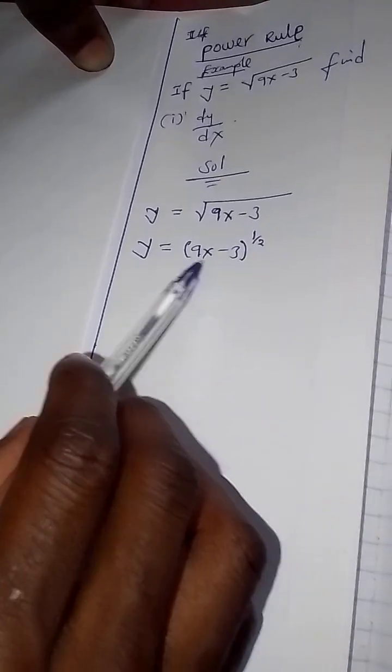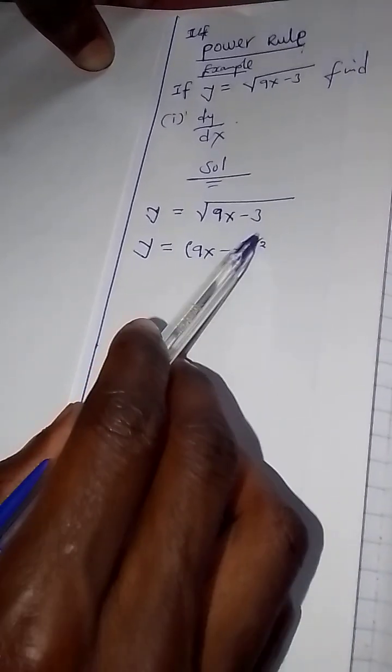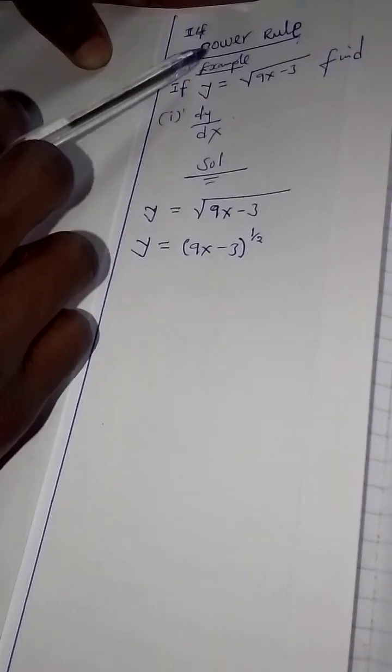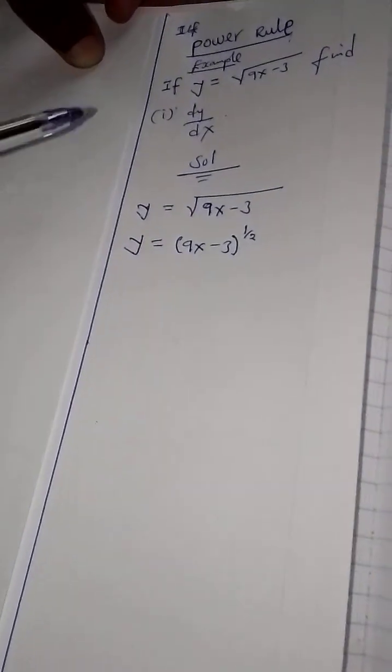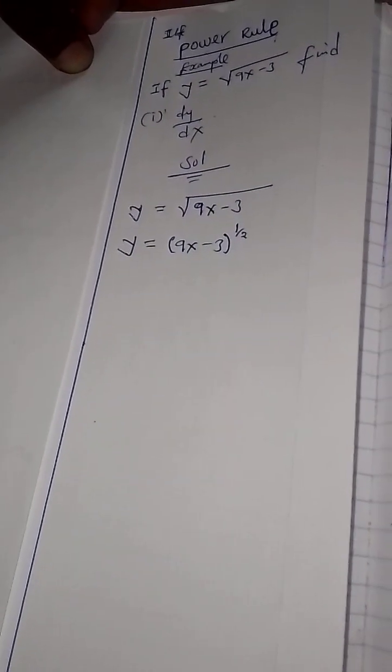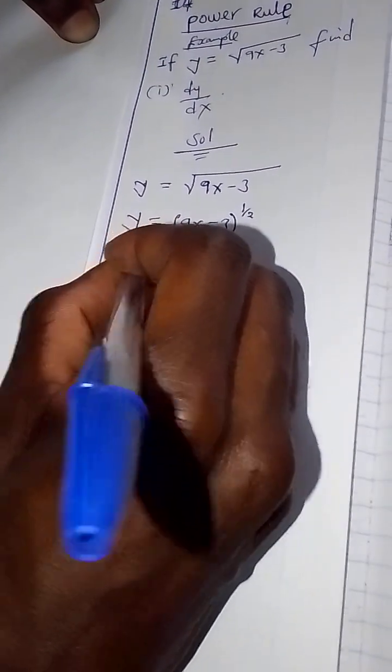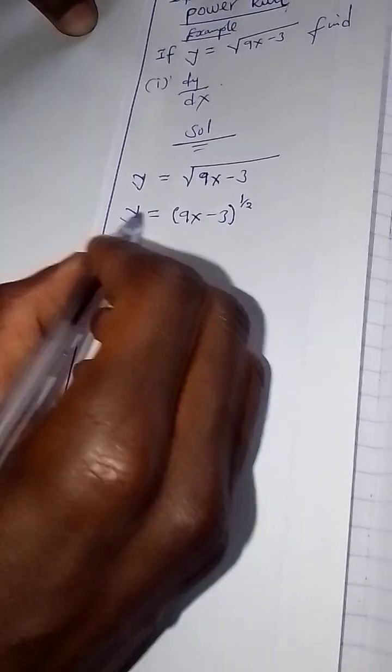We can see that this function has a power of 1 over 2, meaning we can use what? The power rule. If you don't want to use the power rule, then we can also use the chain rule. So to differentiate, we will be differentiating y with respect to x. We say dy/dx is equal to, we get the power here, which is 1 over 2.